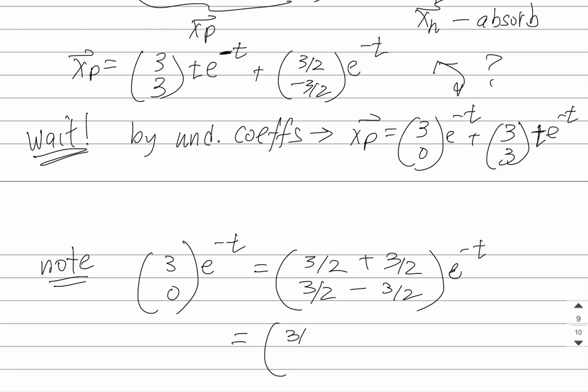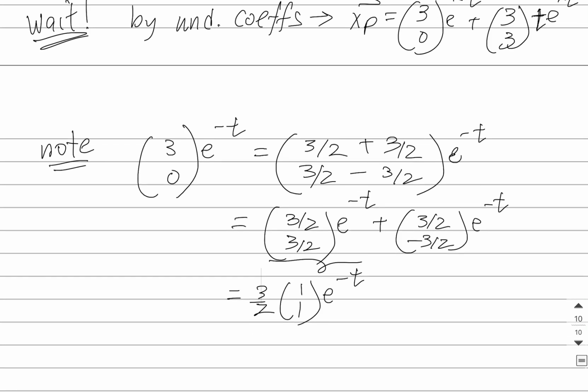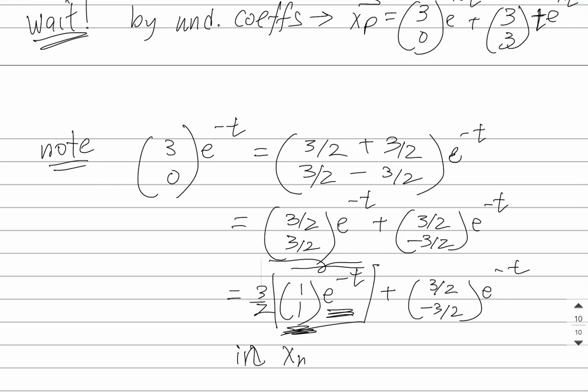Well, this term right here is simply part of the fundamental set, whereas the other one is not. This is in the fundamental set because this combination right here is exactly the first solution in the fundamental set. But this one is not in x_h.